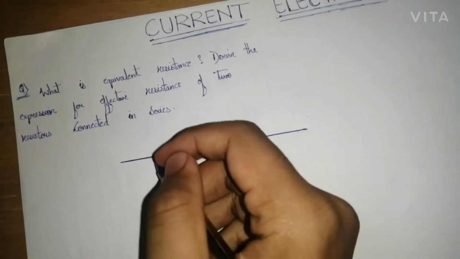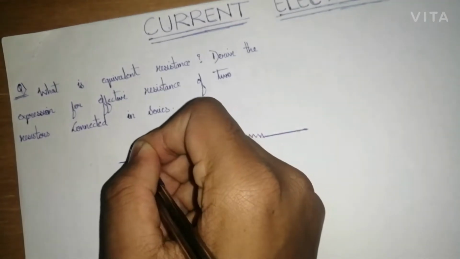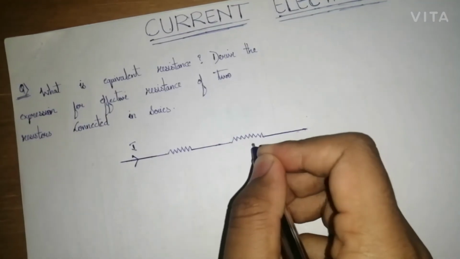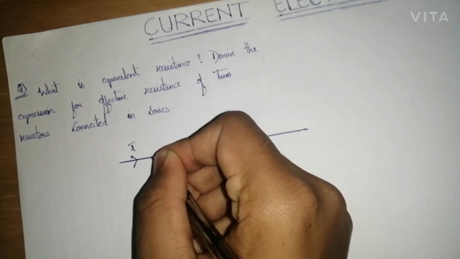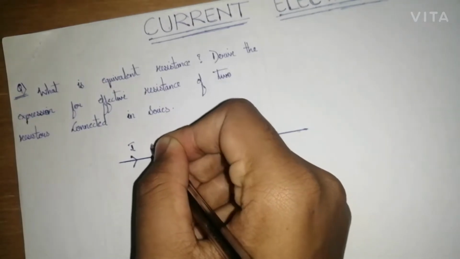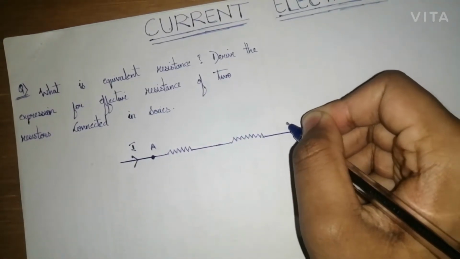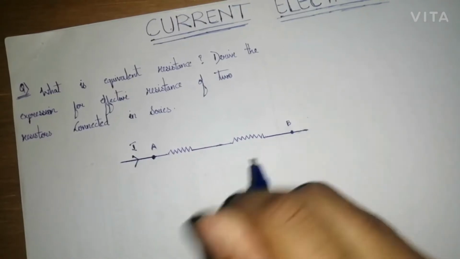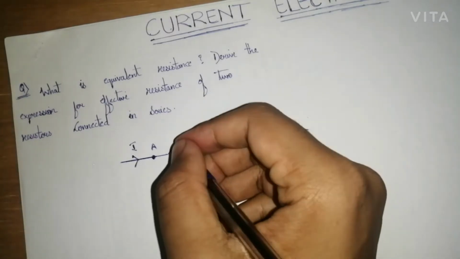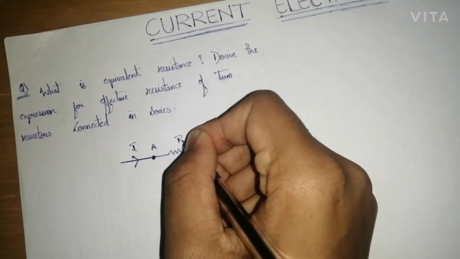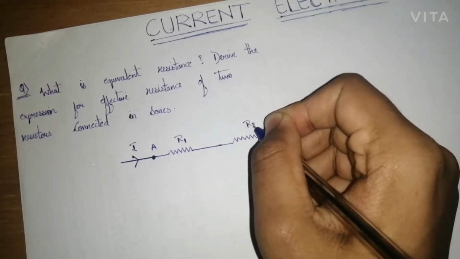This is your series, that is your current I is passing through both the resistors, and this is your point A and this is your point B. You can call this resistor R1 and this resistor R2.